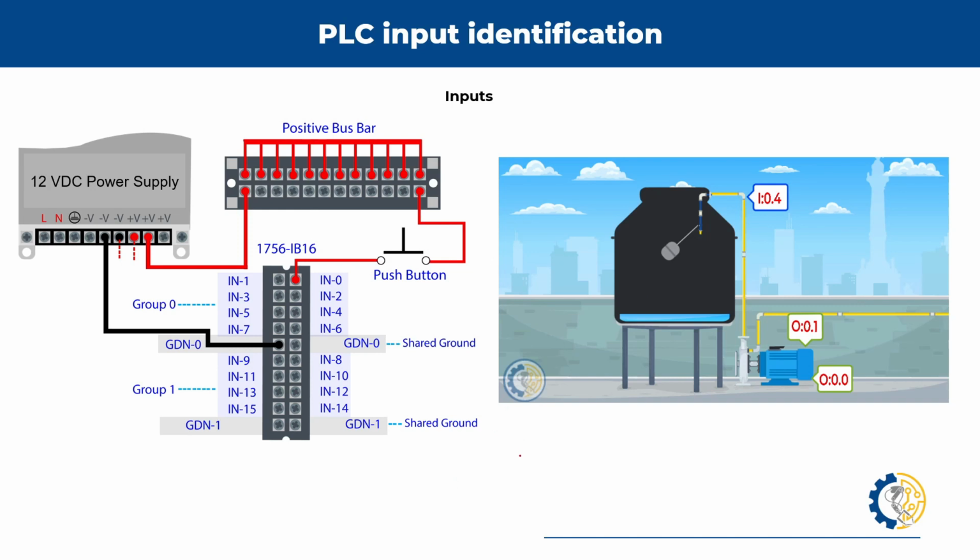So I have here connected my input for my push button, in my 0 module, and I'm guiding myself off of this one. So 0, semicolon, 0.0. So this is how I'm able to identify this push button.